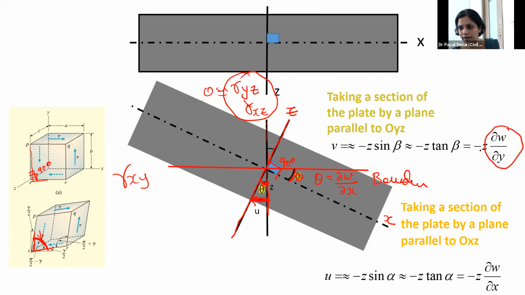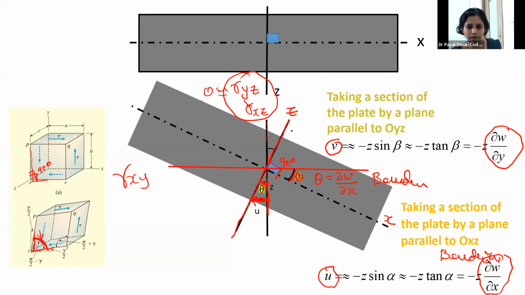Del w by del y and del w by del x are bending rotations. So we have written u and v components, and as I'm repeating again, we are neglecting the shearing component in the z direction, that is the shearing strain.